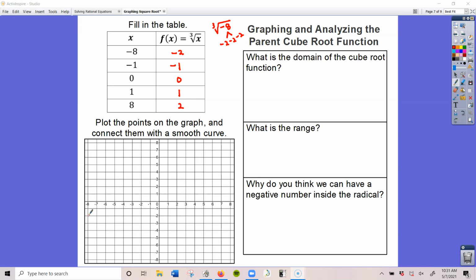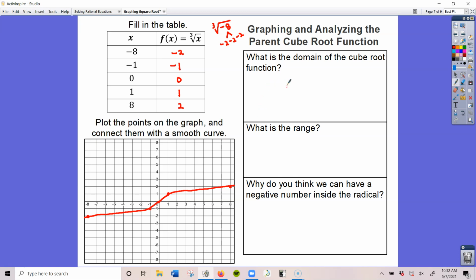We have negative 8, negative 2, negative 1, negative 1, 0, 0, 1, 1, and 8, 2. When we connect these dots, it must be curved. So it's going to look something like an elongated S, like that.